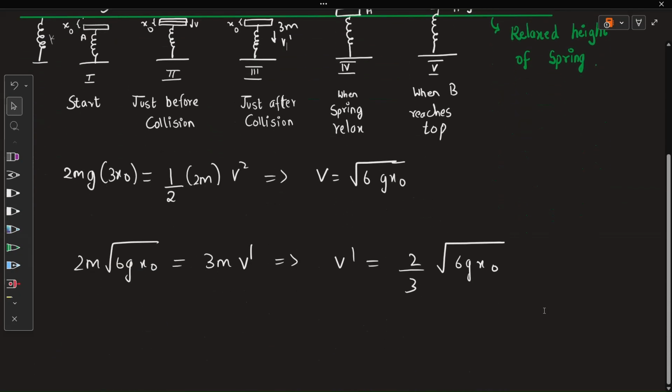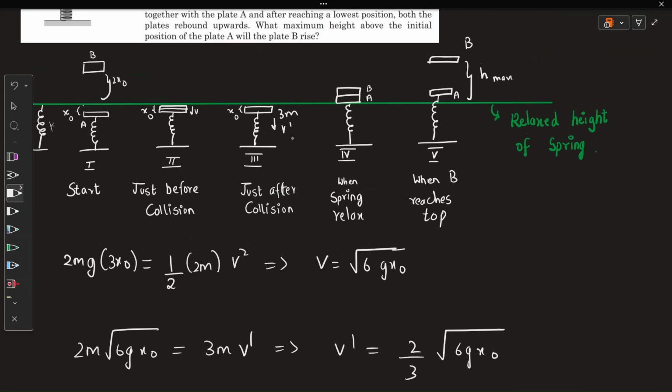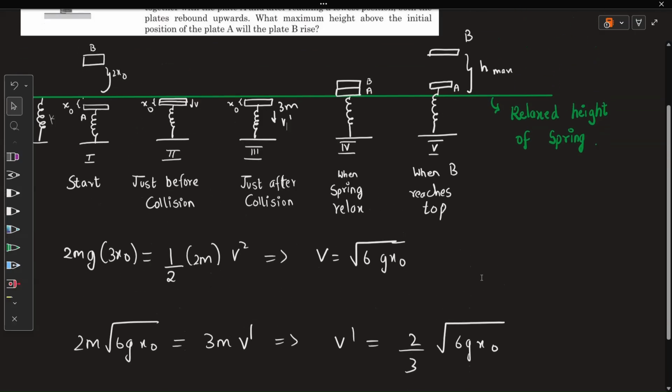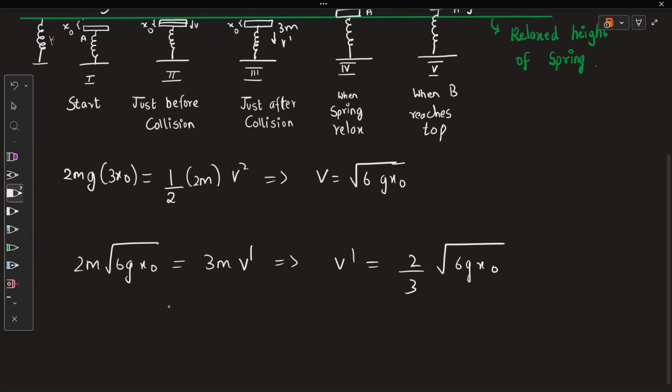Initially at 3, let's keep the potential energy reference as this line, that is x naught below the relaxed height. So initially the only energy it has is the spring potential energy, which is half k x naught square, plus the potential energy of the bodies.